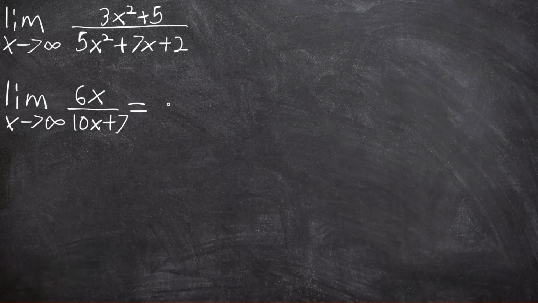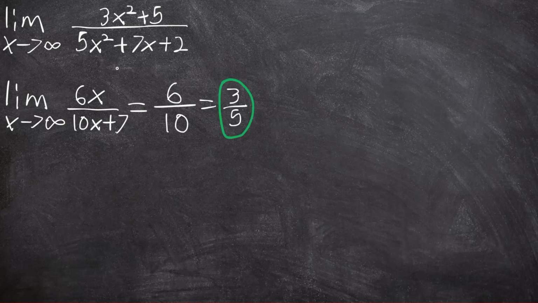We're going to take the derivative again, or you could just factor out x, but me personally, I like to take the derivative of the function again. So the derivative of the numerator would just be 6, and the derivative of the denominator would be 10. And we can simplify this function down to 3/5. And this right here would be our final answer.